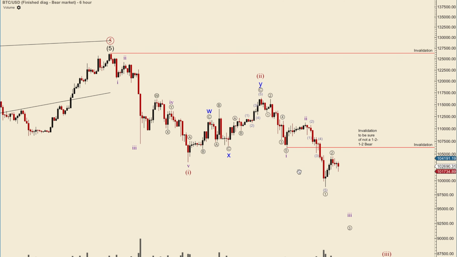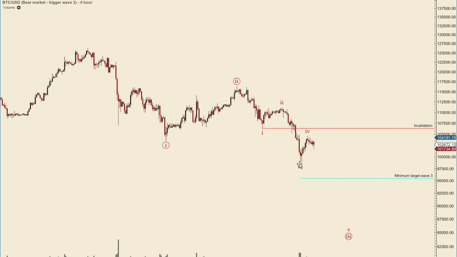And especially if we take out the invalidation for this 1, 2, 1, 2 at 106,313.64, then it is way higher probability that this is a corrective move and that we are moving up at a later stage. Because as I mentioned, the other impulse down doesn't count well as a clear 1, 2, 3, 4, 5, because we need to have the extended 5.